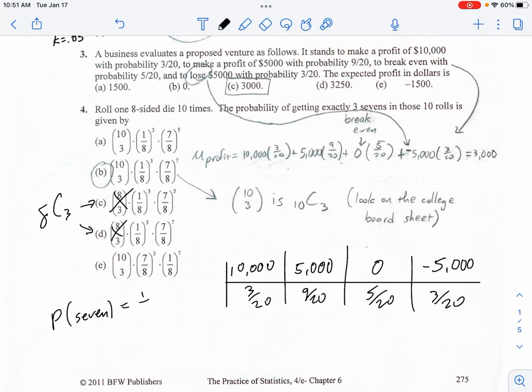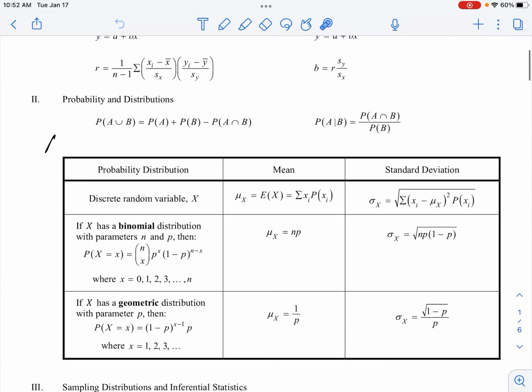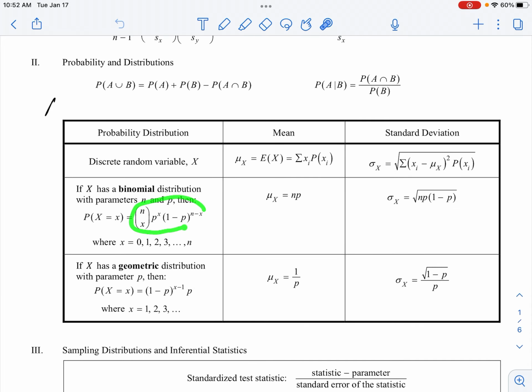So the probability of a 7 is 1 out of 8. And you get 3 sevens. So it's this one right here, 3 sevens. And then this piece is because of the 10 rolls, 7 of them were not sevens. So that's B.